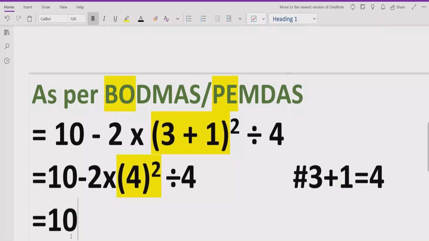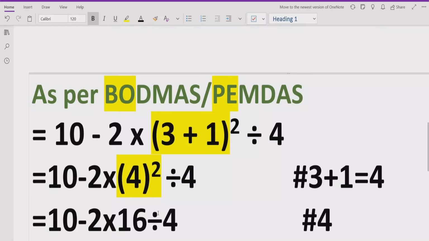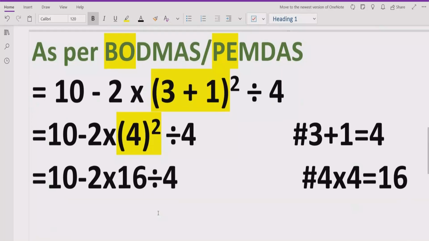So here we have 10 minus 2 multiply 4 raised to power 2, which means 4 multiplied by 4, equals 16. Divided by 4, we will write here as it is. And here we give the reference: 4 multiplied by 4 equals 16. Or you can say 4 raised to power 2 means 4 multiplied by 4, which equals 16. Now we have solved the exponent part as well.